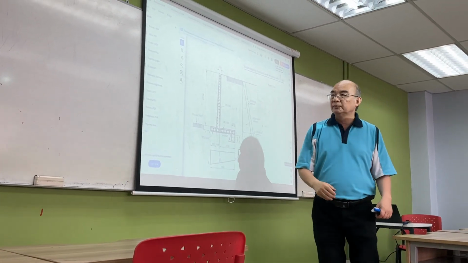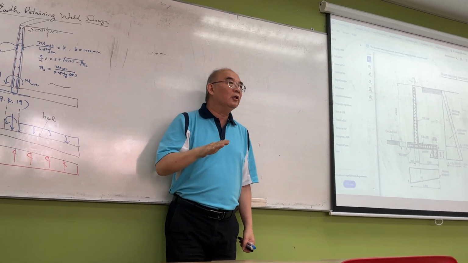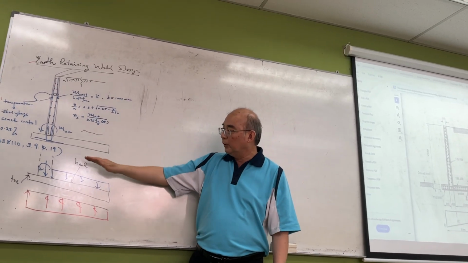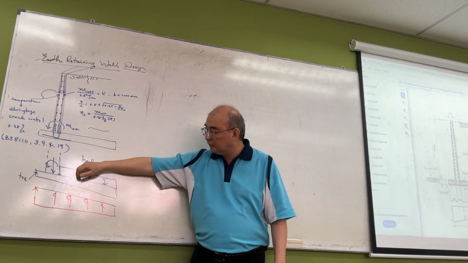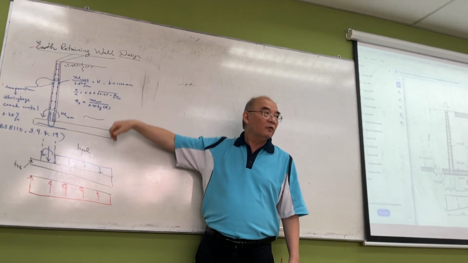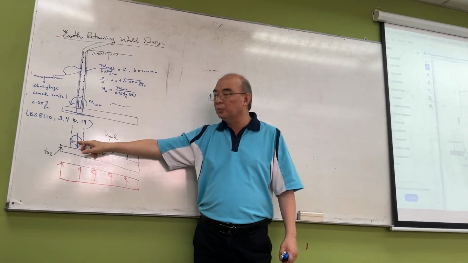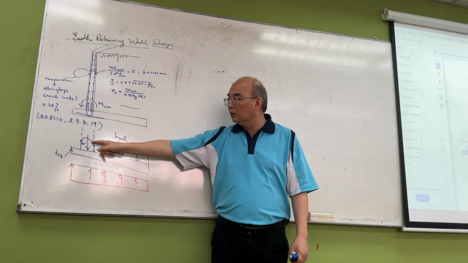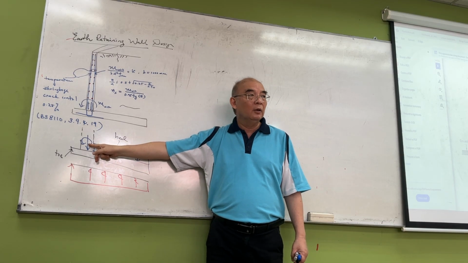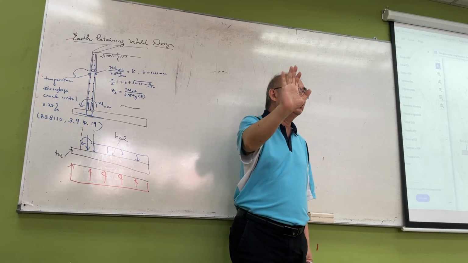Alright? First, as I said, you understand what the loadings acting on the slab are. You have here the self-weight from the soil, and this point load here is the self-weight of the wall. And here is the bending moment due to the lateral pressure.